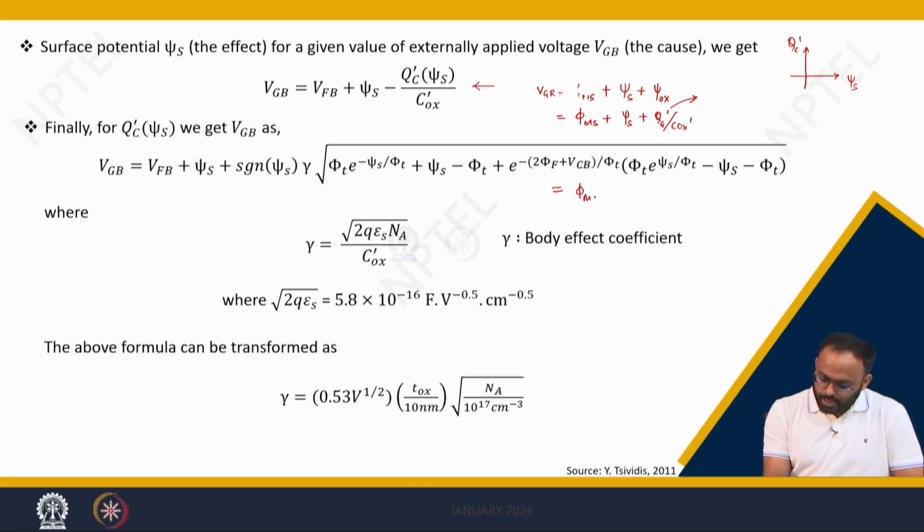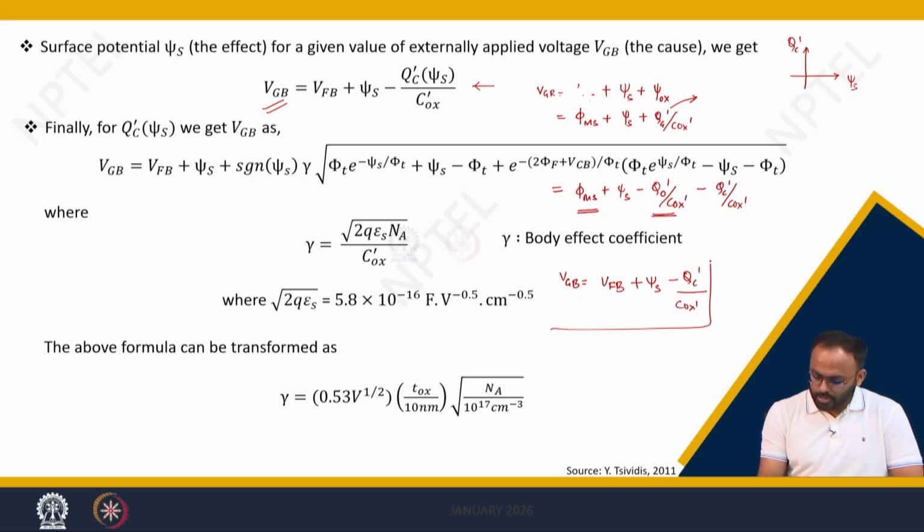So, phi ms plus psi s, and this Qg dash can be written as Q naught dash by Cox dash minus Qc dash by Cox dash. This quantity is the flat band voltage, and hence ultimately you will get this equation which says that VGB is equal to V flat band plus psi s minus Qc dash divided by Cox dash.